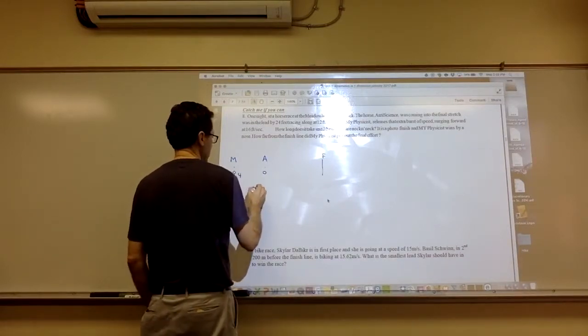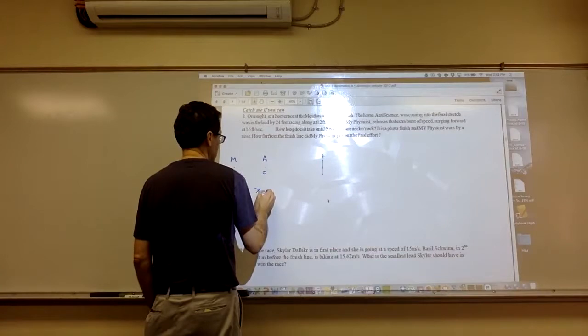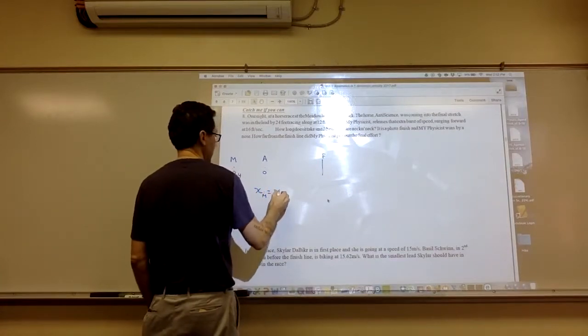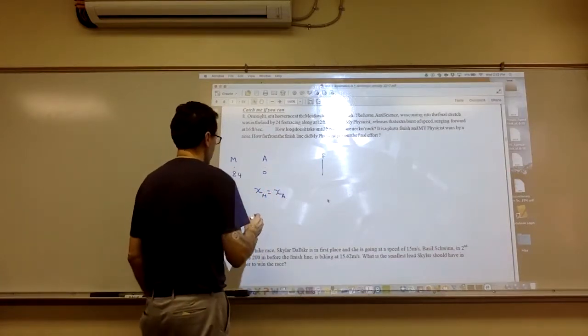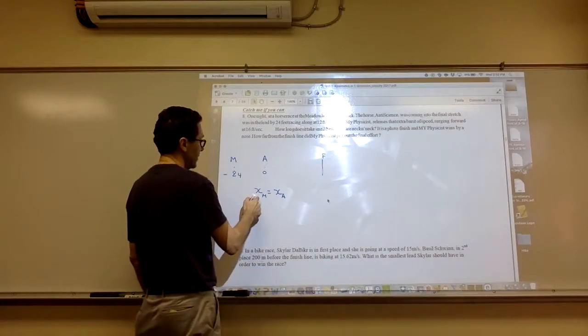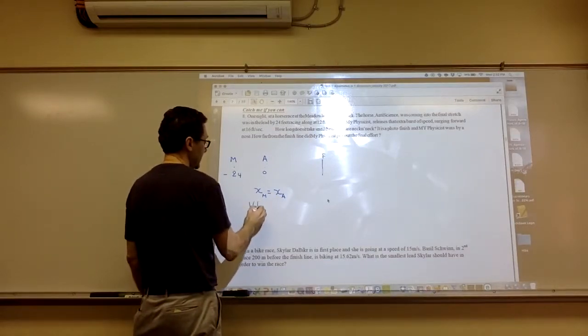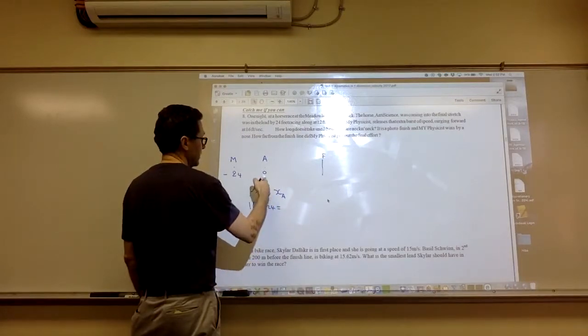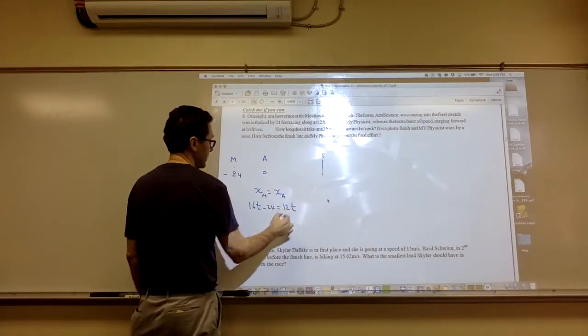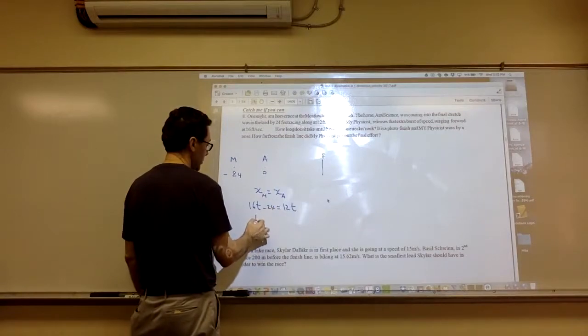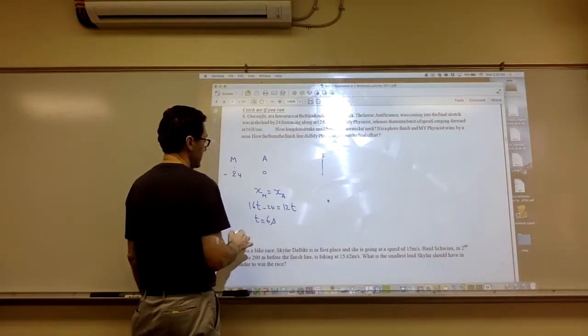Okay, so now the x of my physicist equals the x for Anti-Science. So for my physicist, it's going to be 16t minus 24 equals 12t. So you can see that the 24 just changed places. So this is going to be 6 seconds.